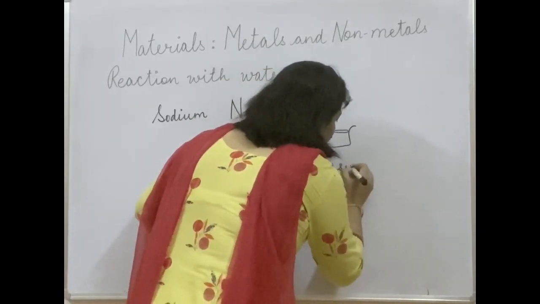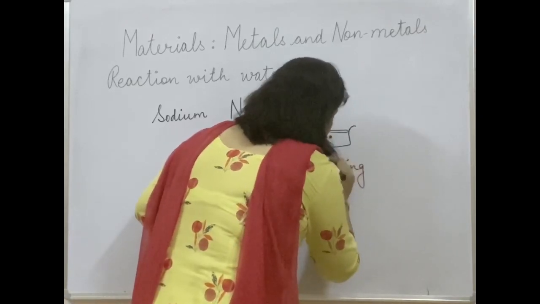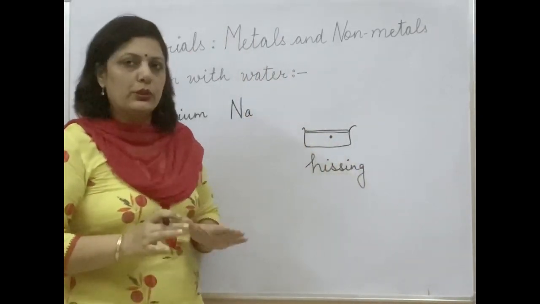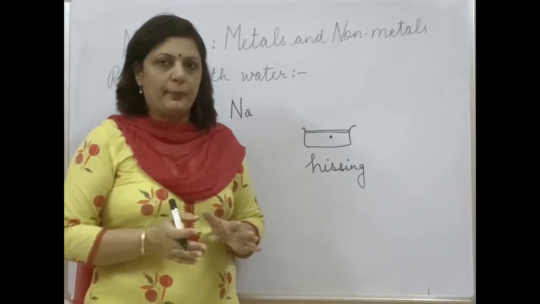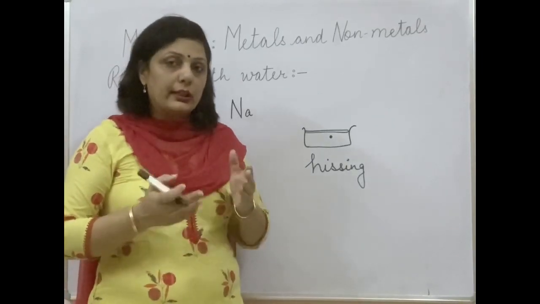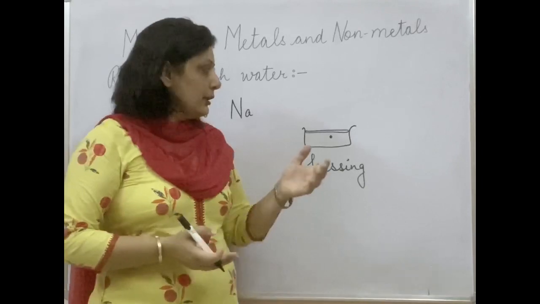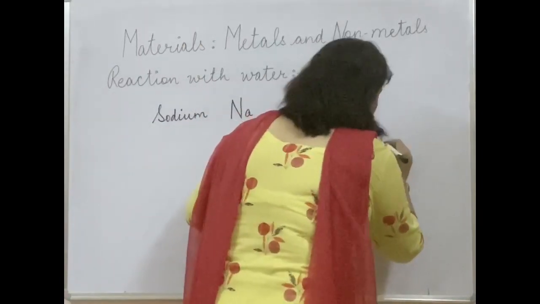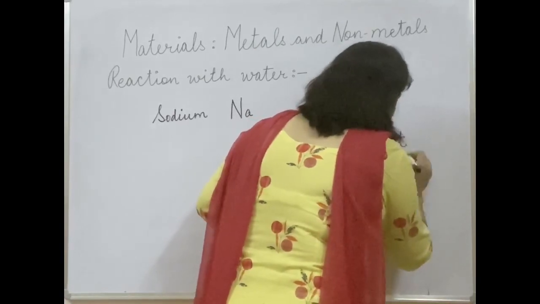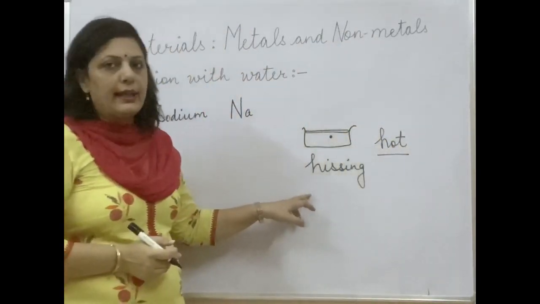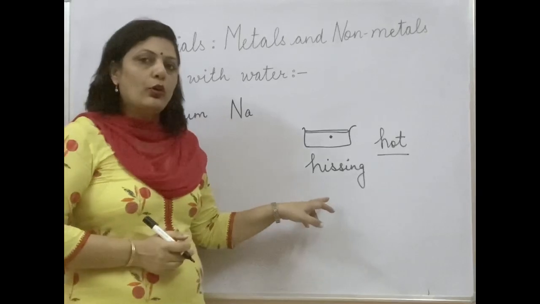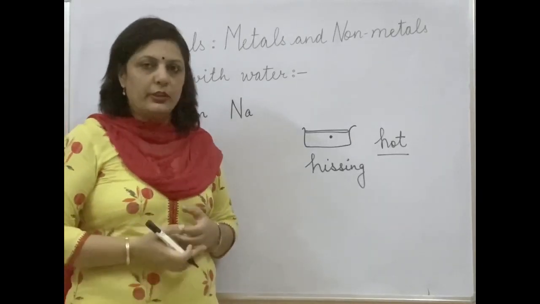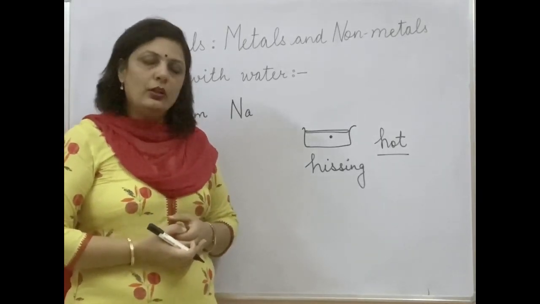It will produce a hissing sound, and then it will stop and catch fire. And if you touch that trough after the process has stopped, you will notice the trough has turned hot. This is because when sodium reacts with water, a lot of heat is liberated, which has made the water hot.